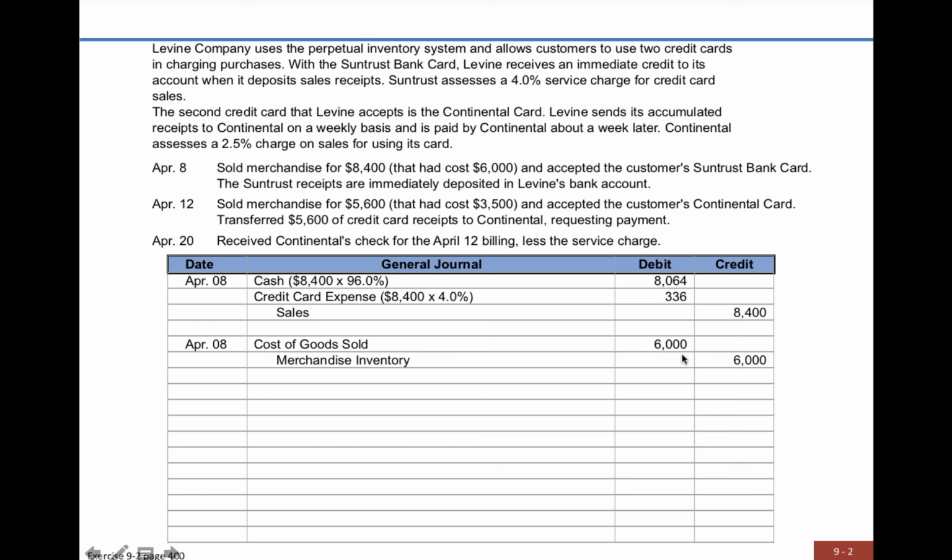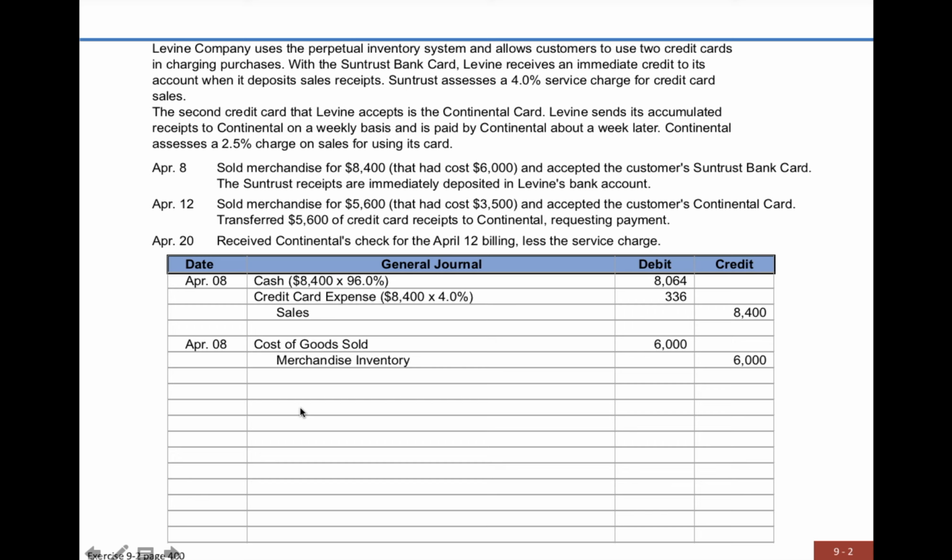Okay, so that's April 8th. April 12th, sold merchandise for $5,600 that cost $3,500 to us. This time we're using the other credit card. So now instead of getting the money immediately, this is going to be more of an accounts receivable situation. So again, we'll have less than the 100% up here.